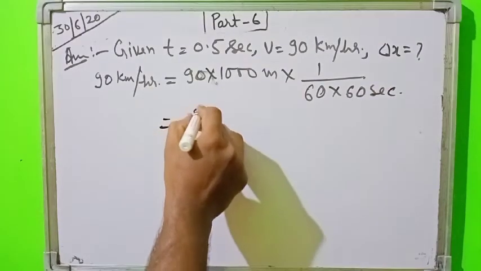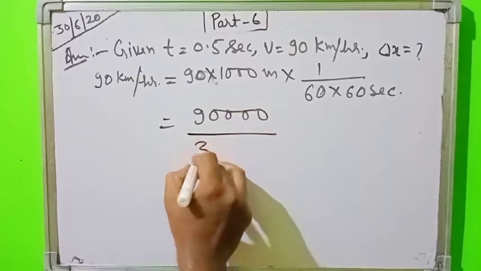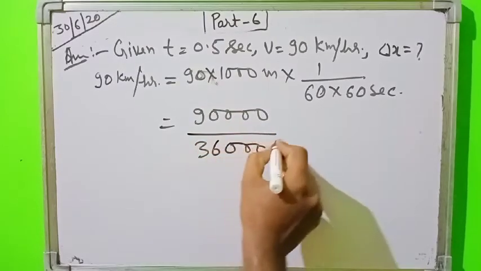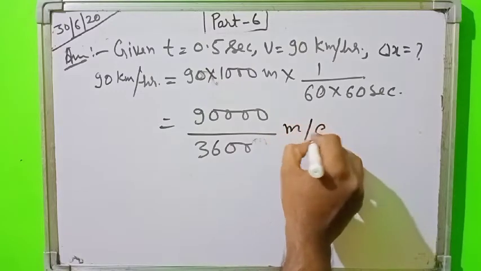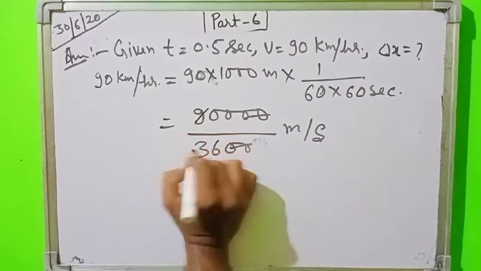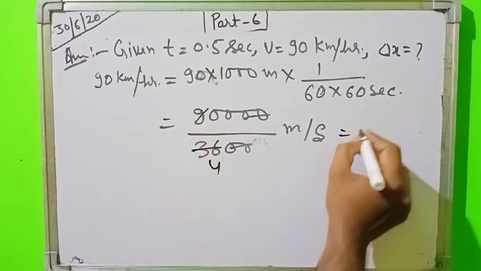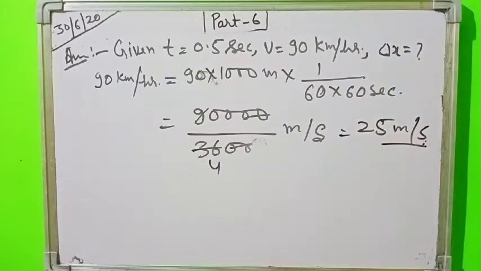That is equal to 90,000 upon 3600 meter per second, which is 25 meter per second.